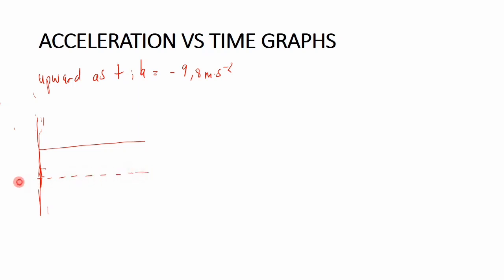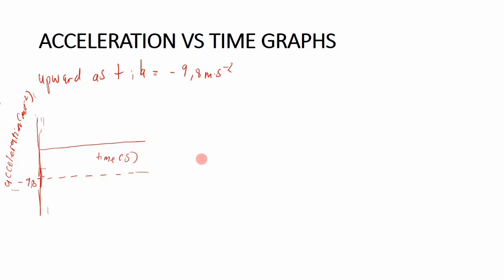And then that will give you negative 9.8. Then it's just a matter of indicating that here you have time in seconds, and then here you have your acceleration in meters per second square, right? And that's your acceleration versus time graph if you took upward as positive.